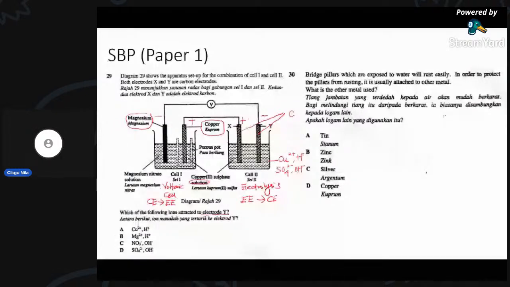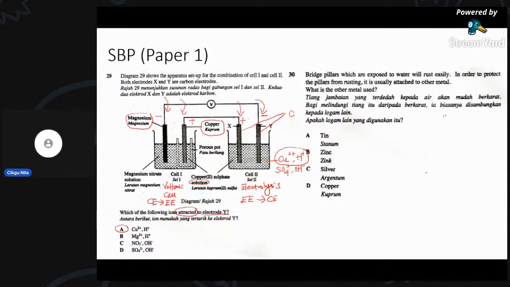So which one will be selectively discharged? Oh, they didn't say which one is selectively discharged. Which of the following ions are attracted? So negative terminal means only positive ion will be attracted. So the answer is A. So very important, you must identify the terminal correctly, then only you can answer the question.